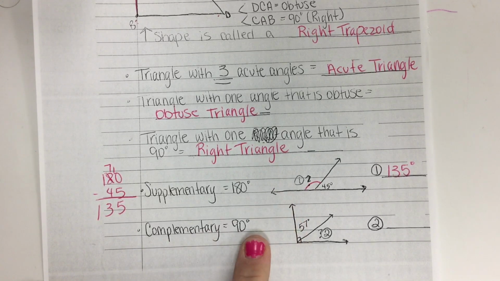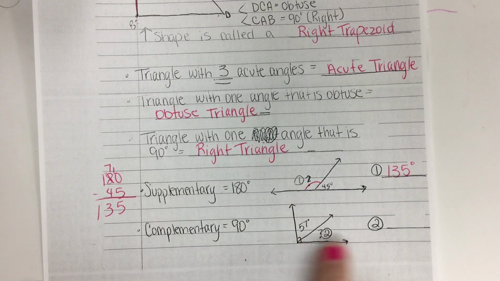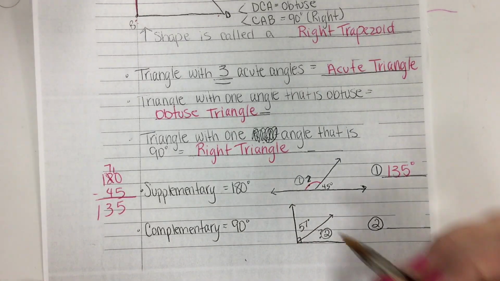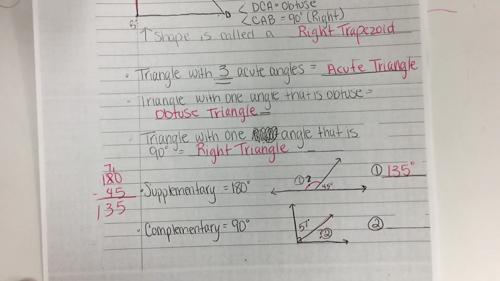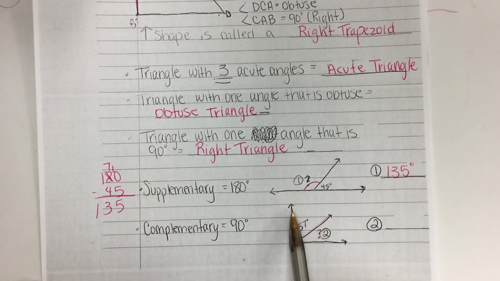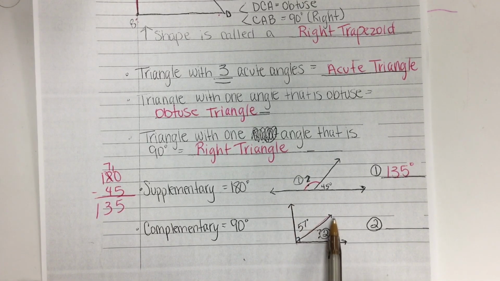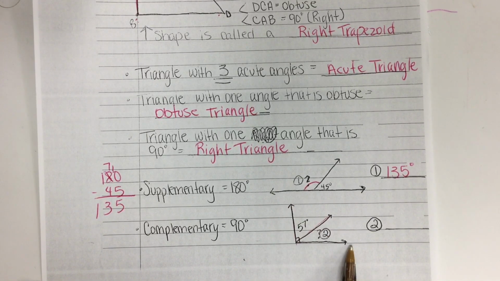Okay. Complementary angles. A complementary angle equals a total of 90 degrees. So it's a right angle with an extra angle cut in the middle. So if this angle is 57 degrees, and of course, I know that's not a right angle, it's okay. If this angle right here is 57 degrees, and the whole thing is 90, you're going to do just like you did here.